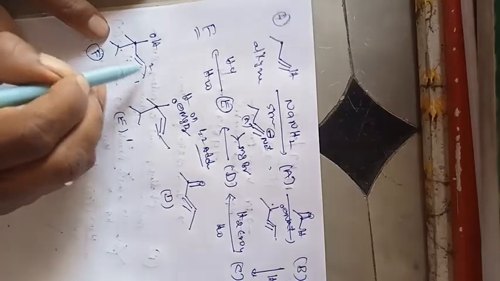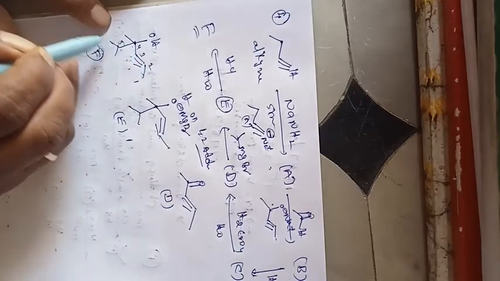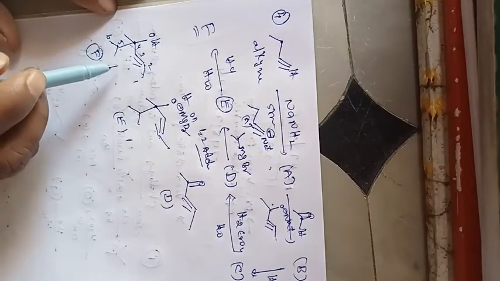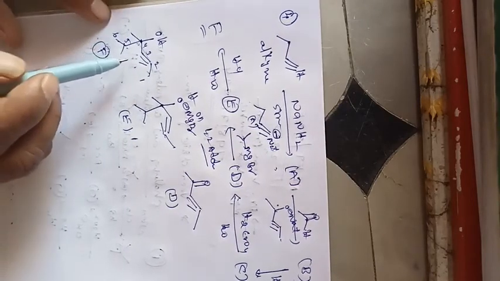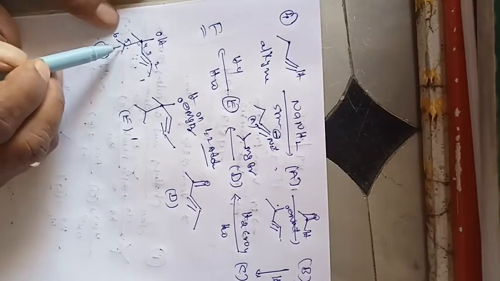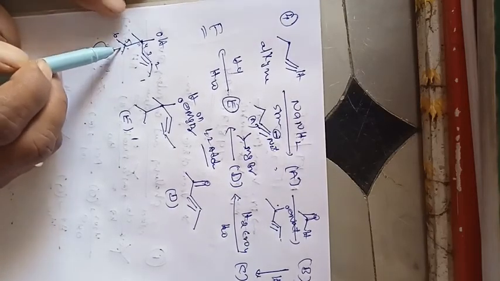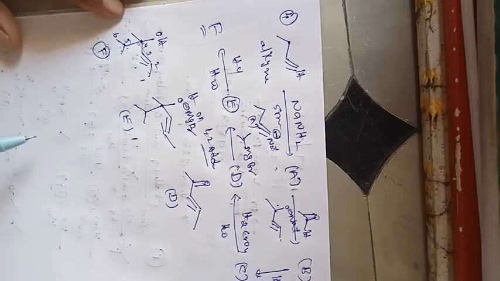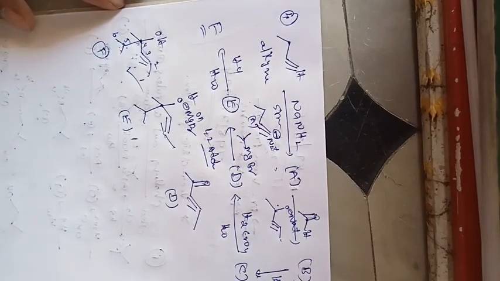So 1, 2, 3, 4, 5, 6 like that, because it is the longest chain. Right. So like this. So 4,5-dimethyl, 4-hydroxy, 2-hexyne. So this is the product.